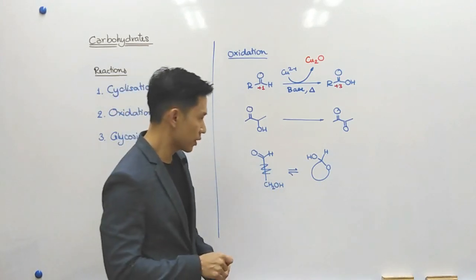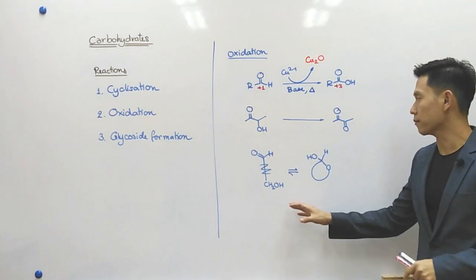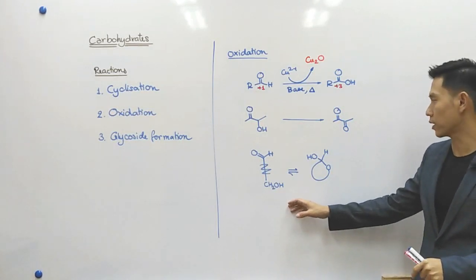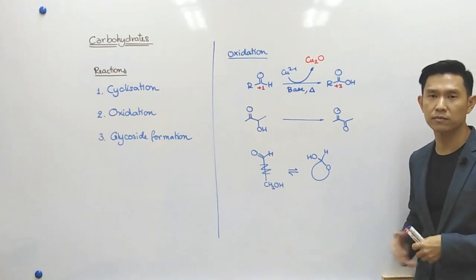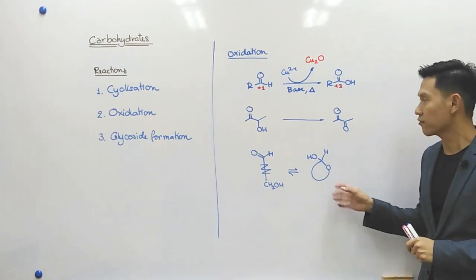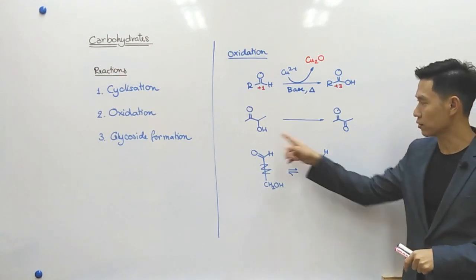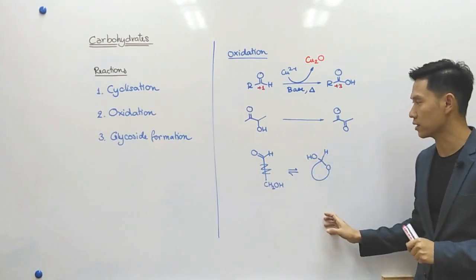For example, the glucose, in equilibrium, prefers the 6-membered structure. It takes about 60–90% of the 6-membered structure. The 5-membered is a minority, and also the open chain structure here is very minor in the mixture.